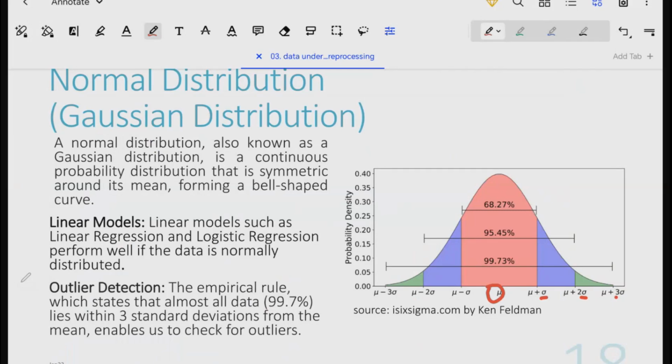So any values that reside outside can be considered outliers, okay? So the same case is there. In the case of standardization, the mean should be 0, and this one should be mu plus 1, here plus 2, here plus 3, here mu minus 1, mu minus 2, mu minus 3. So any value that resides outside, we can consider it as an outlier.